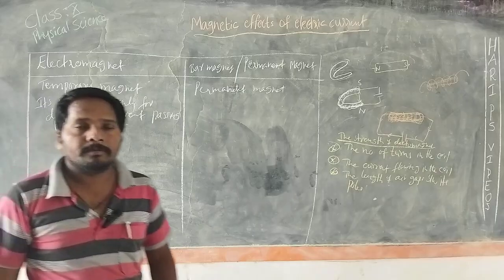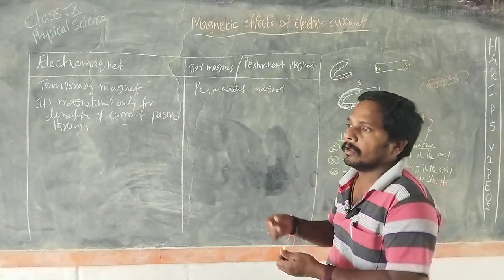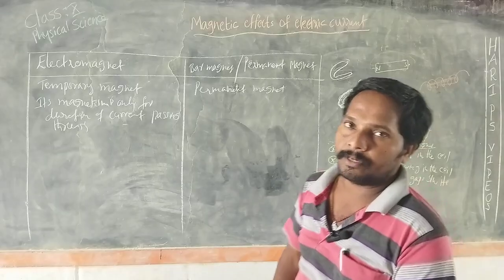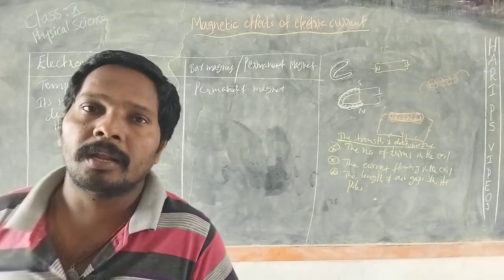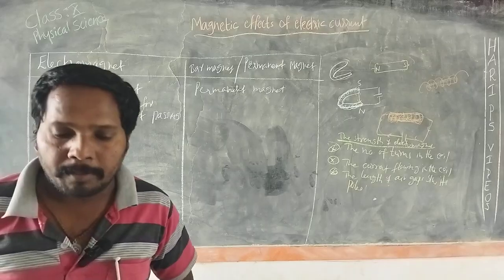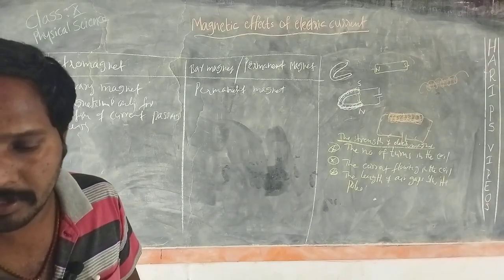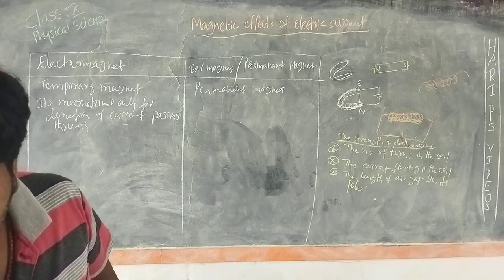Whenever we want an electromagnet, by passing electric current we can get it. If we don't want it, then we immediately switch it off. So we can switch on and switch off the magnetism in a temporary magnet by switching the electric current on and off.